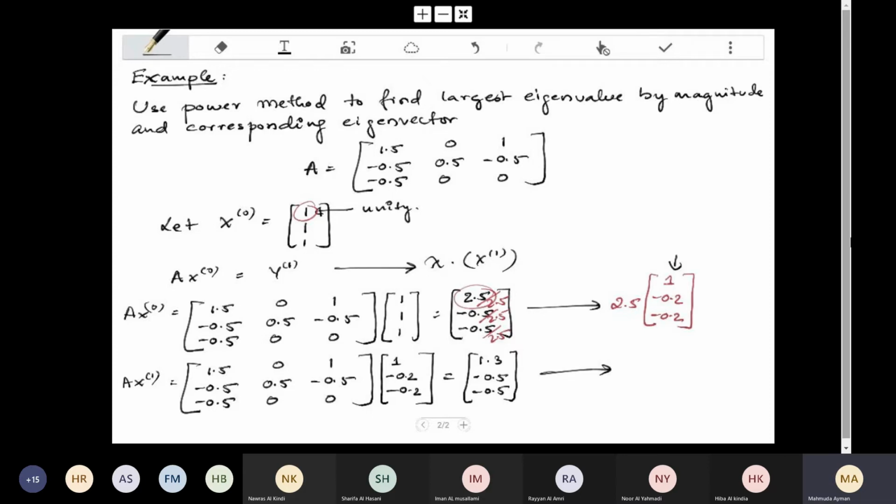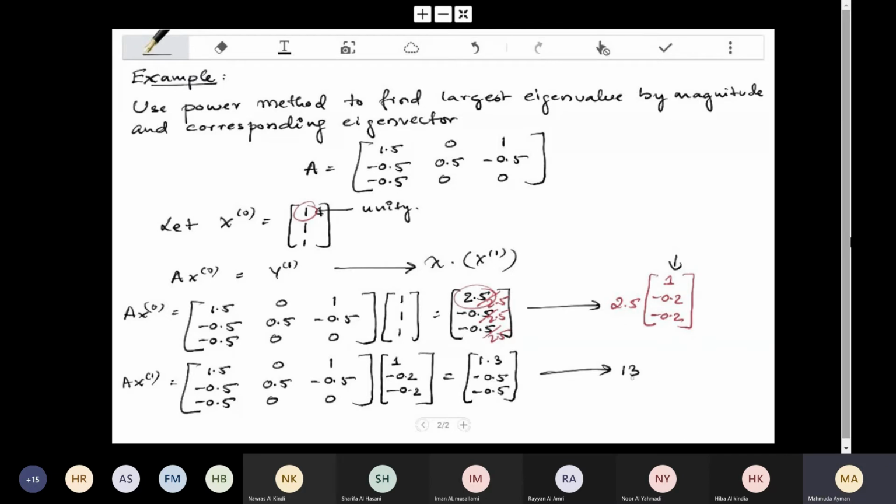And now, can you all tell me what we will scale out? What will be the value of lambda? Yes, it's 1.3.